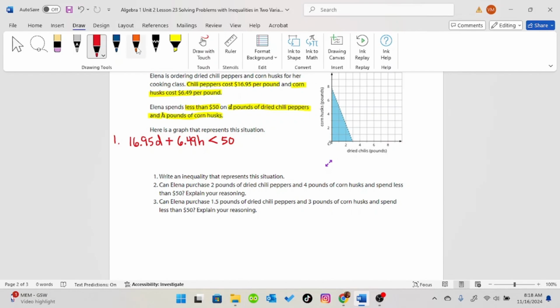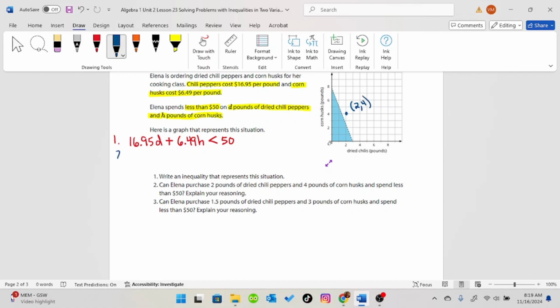Now number 2 says, can Elena purchase 2 pounds of dried chili peppers and 4 pounds of corn husks and spend less than $50? Explain your reasoning. For this, we want to look at the graph they've given us. We're going to go right to 2 pounds of dried chili peppers, and then go up to 4 pounds of corn husks. So we have this point right here, (2, 4).